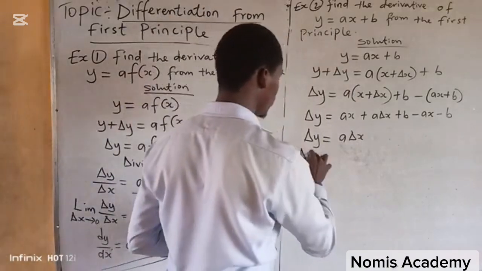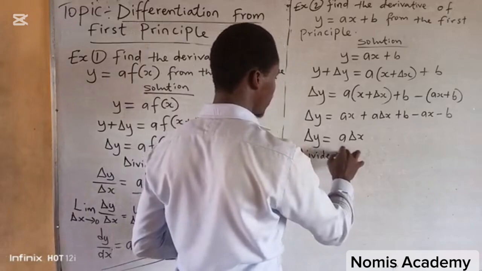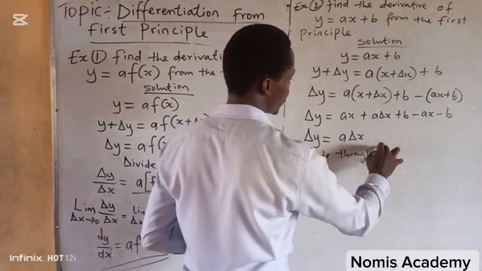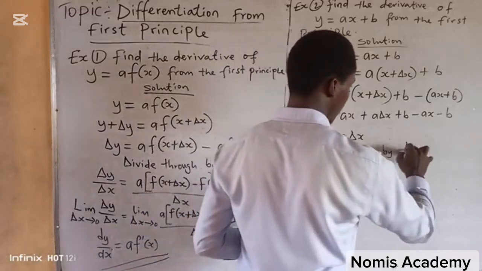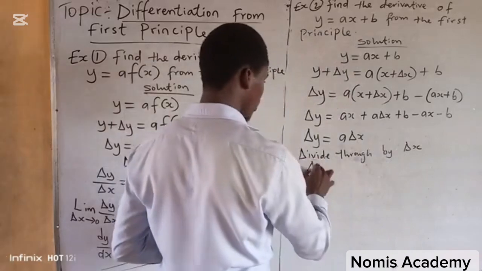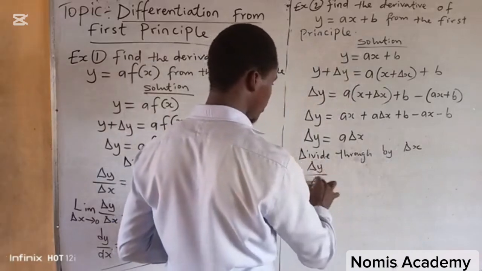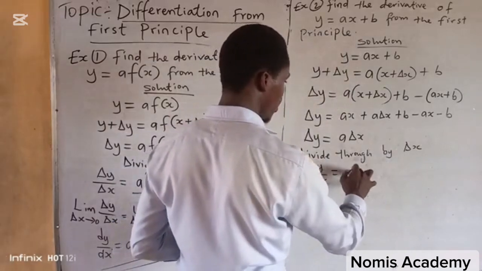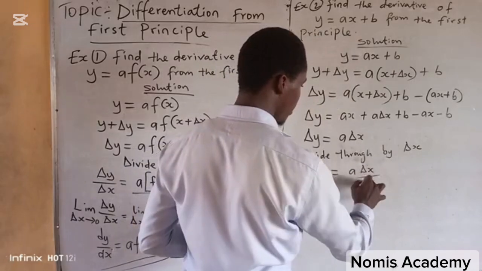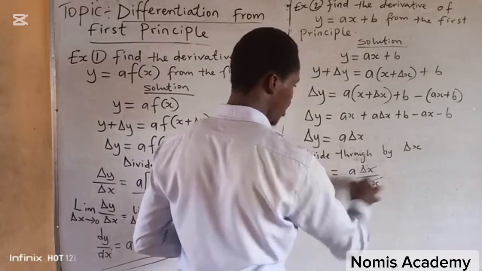So we have delta y all over delta x equal to a delta x over delta x. So this cancels this.